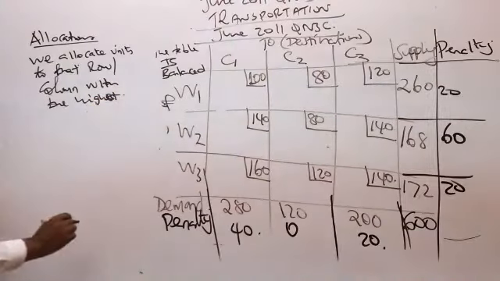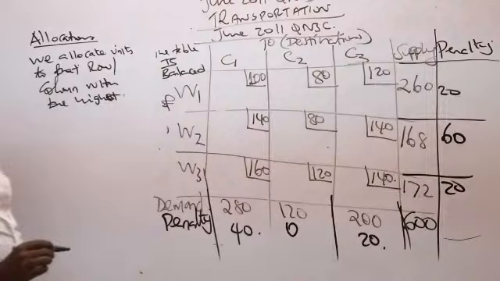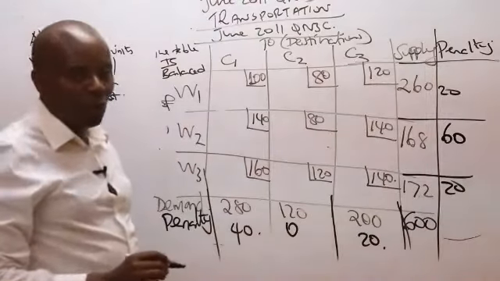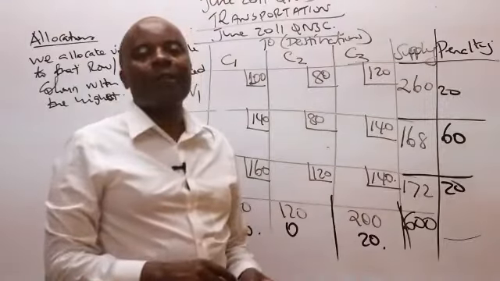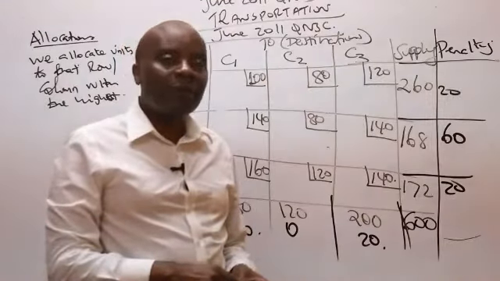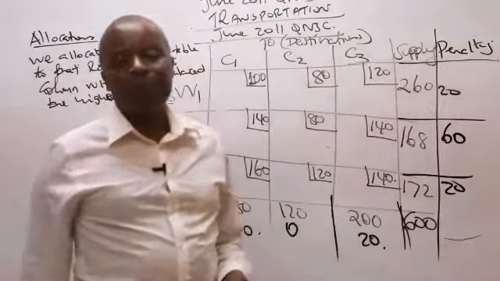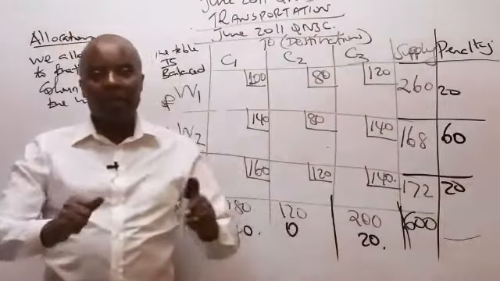With the highest what here? Penalty. So in this case here, we are not fearing the bulls. We know that penalties are bad bulls. But in this case here, we shall hold them by their horns. Right on its head.